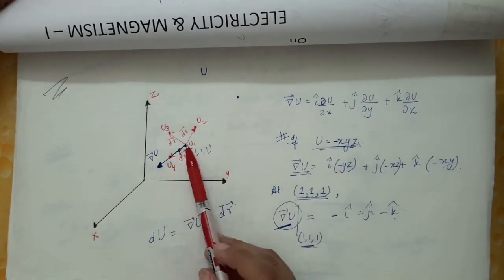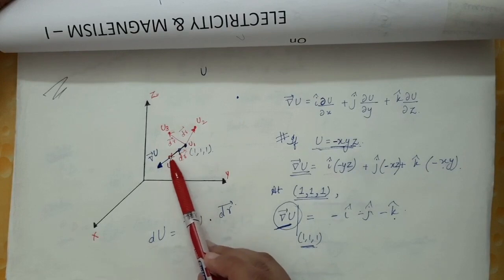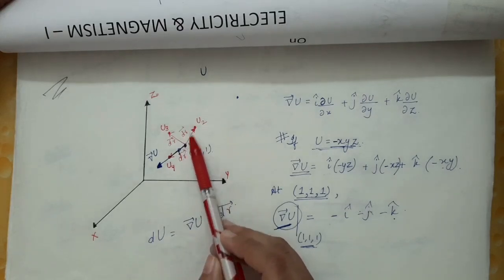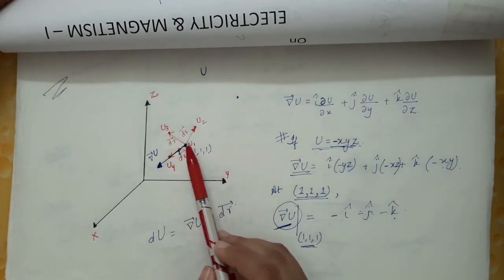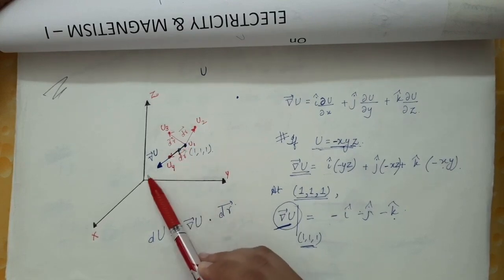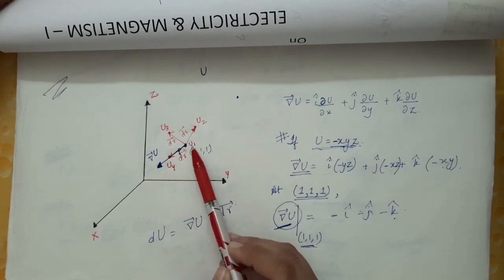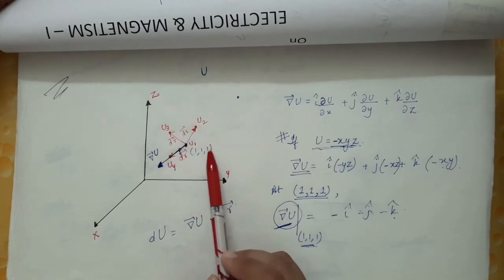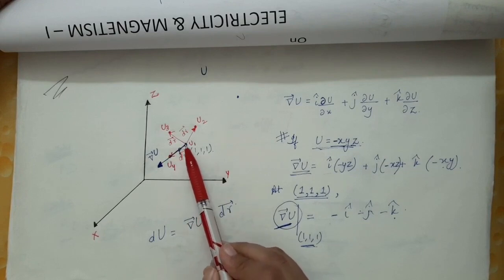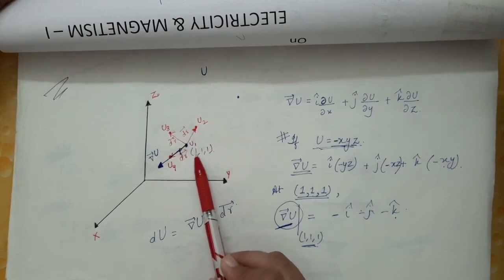So along the gradient there is also some change in the scalar function. Let's say it has changed to u4. So this change is u2 minus u1, this change is u3 minus u1, and this change, when you are moving along the gradient, is u4 minus u1. Of all these changes, u4 minus u1 will be the maximum.